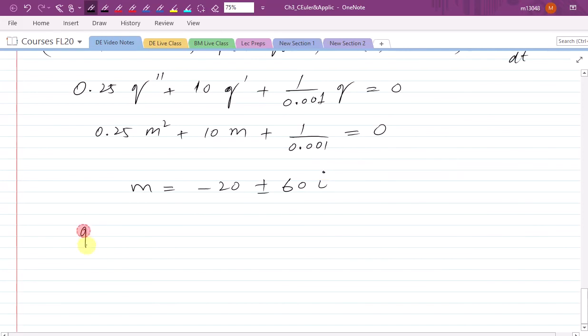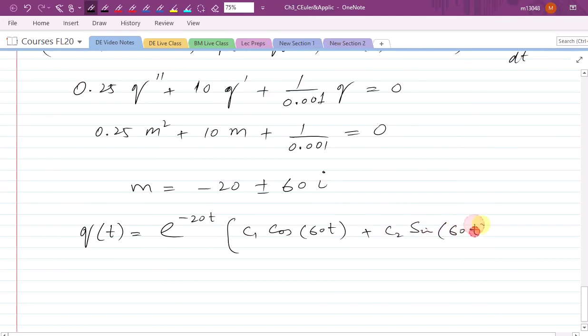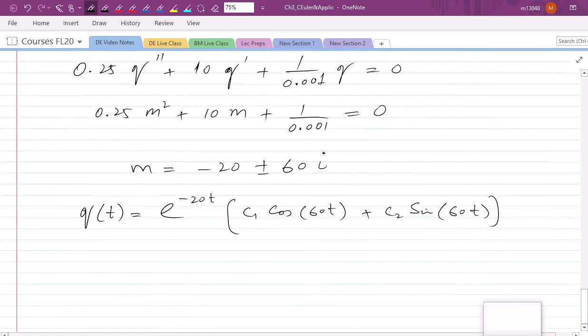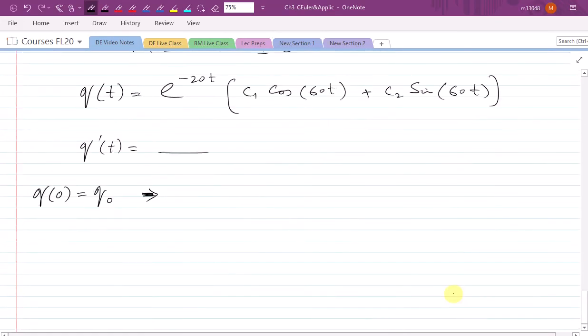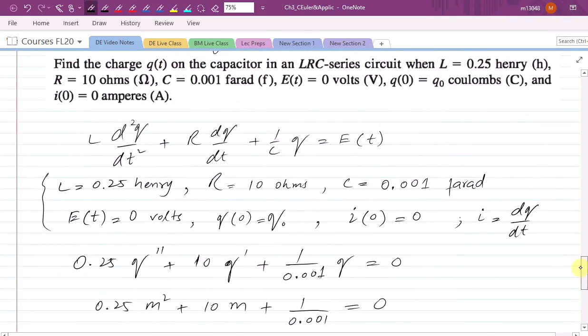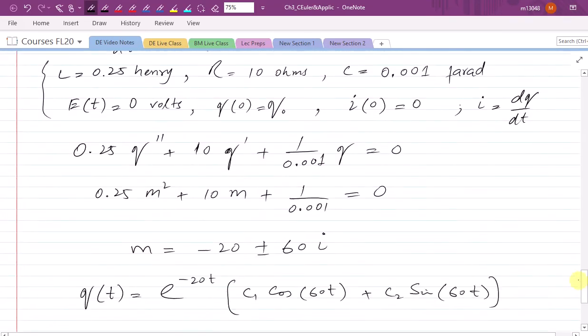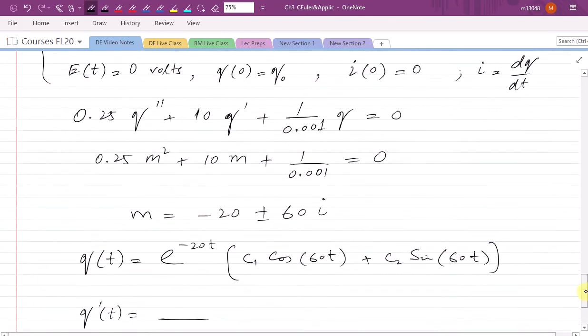That means our solution q of t, where t is our independent variable and q is our dependent variable, is e power minus 20t into c1 cos of 60t plus c2 sine of 60t. Our conditions are q of 0 equals q naught, where q naught is a constant. We will treat this as a constant, as we did in first order equations.